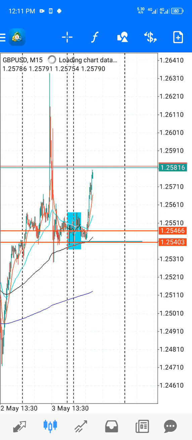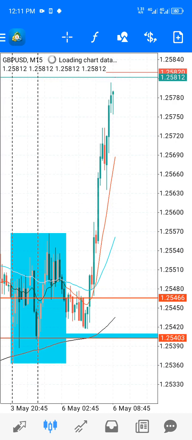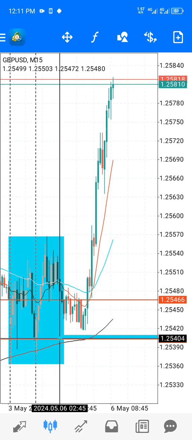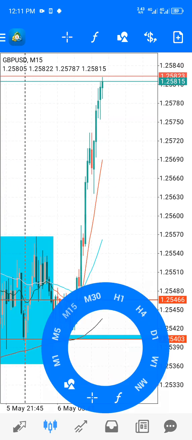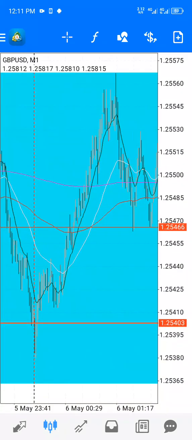You see this zone that I've marked down. So in case GU sells to return to the middle of the Asian box, you mark the utmost fair value gap within the Asian box.